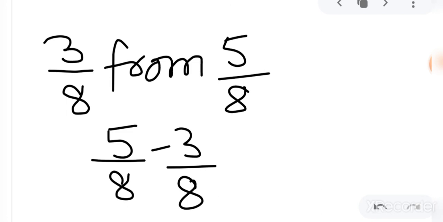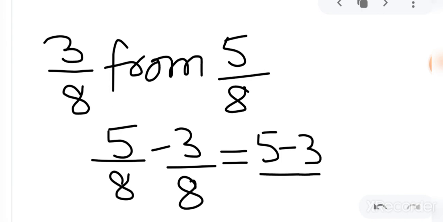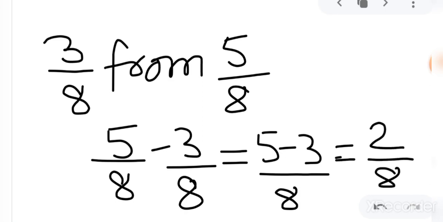In the numerator, 5 is the bigger number, so I am putting it in front. So 5 minus 3 upon 8, because I will take 8 as a common denominator. 5 minus 3 is 2, 2 by 8. This will be our answer.